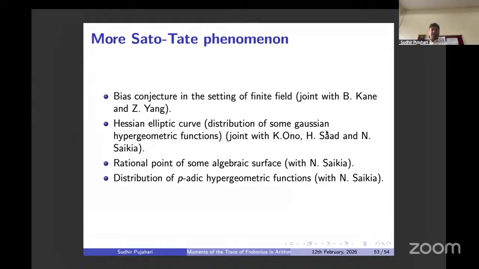So there are a lot of questions still to study and investigate: what are the hypergeometric series which obey the Sato-Tate law, and what are the classes of hypergeometric series which do not obey the Sato-Tate law. That's much more interesting in many ways, but nevertheless, right now I have very little understanding. Maybe in the future, someone else might give a better understanding.